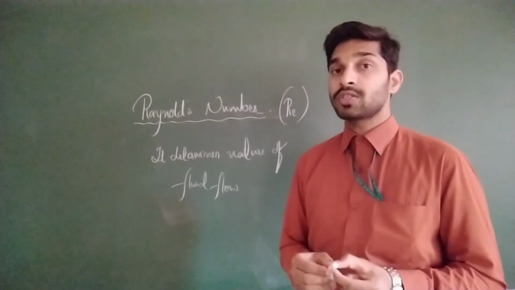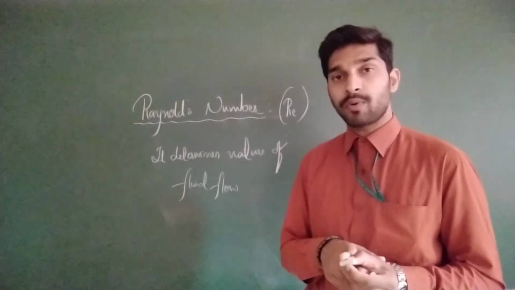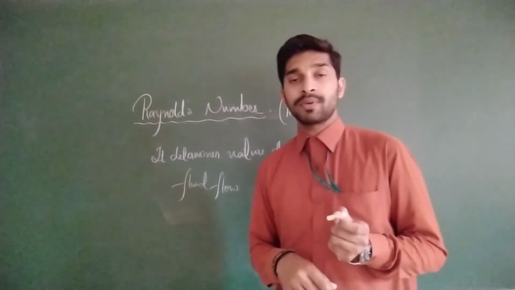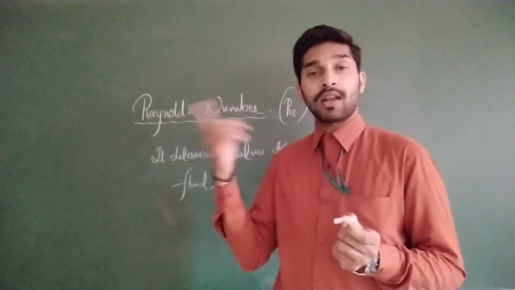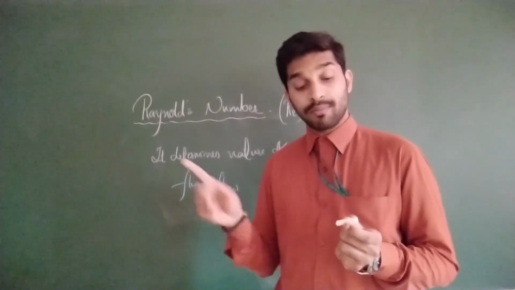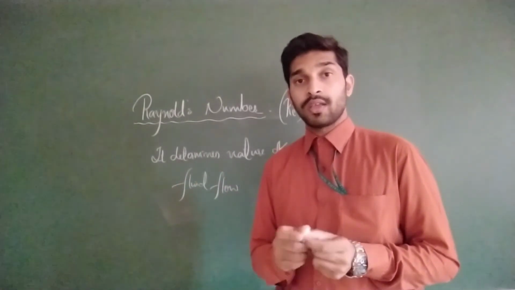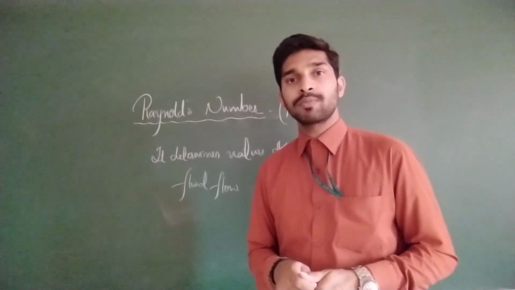Whatever particle comes to that point should possess the same velocity. If 2 meter per second is there at a point, the next particle should also possess 2 meter per second. Streamlines we also discussed.